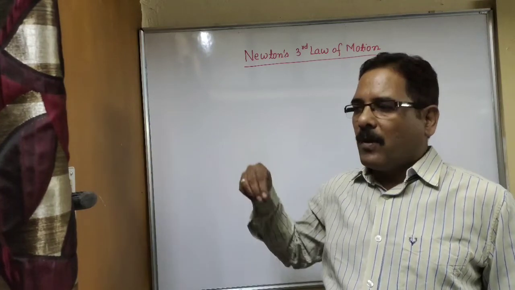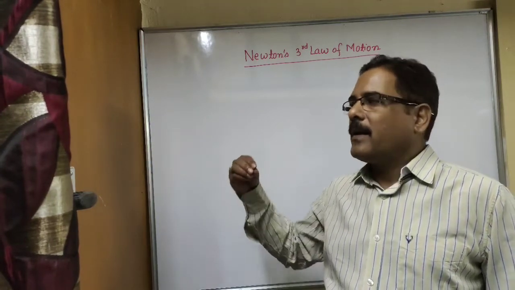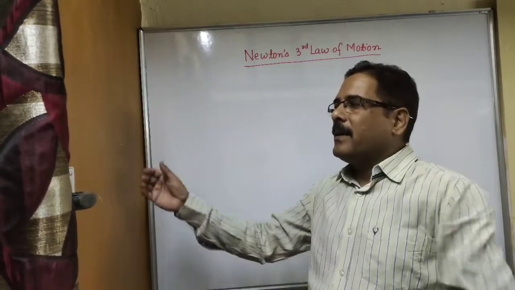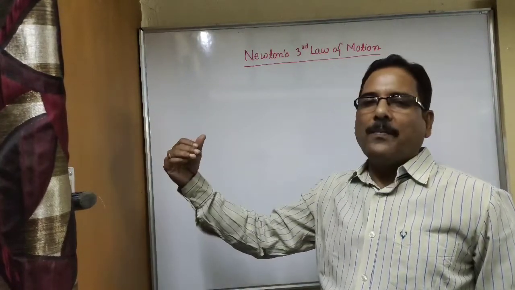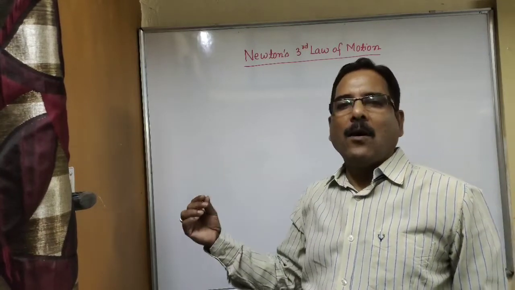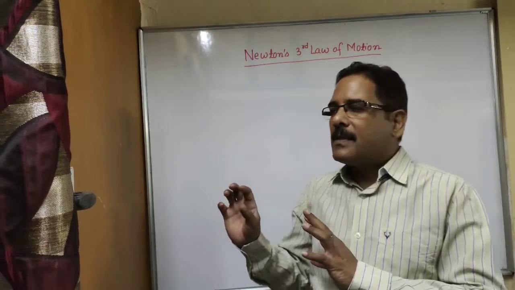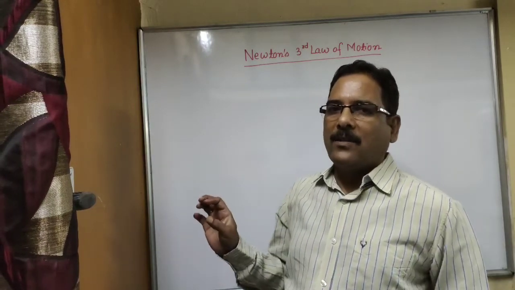So when the first object applies force on the second object, the second object, that means the wall, also applies an equal and opposite force on the first object. Now these are called action and reaction forces.